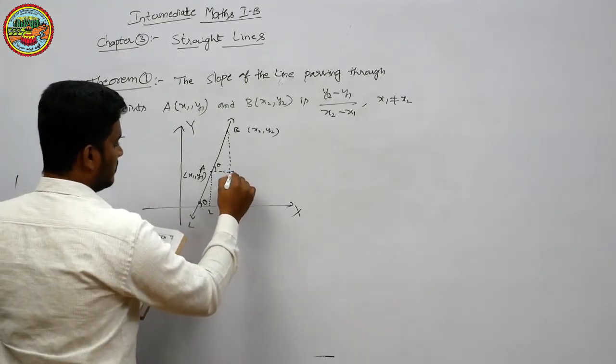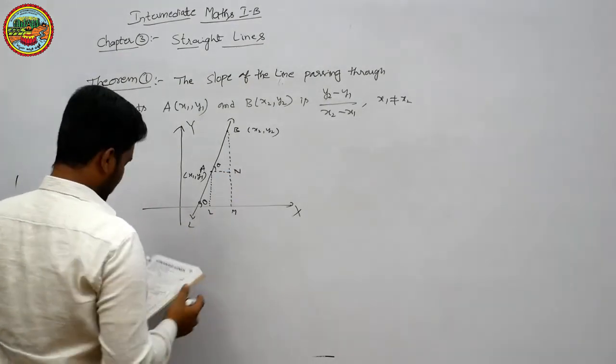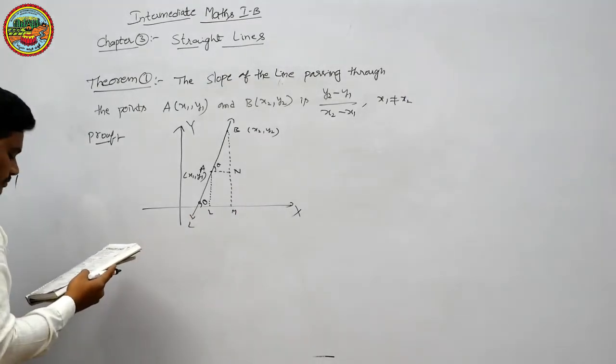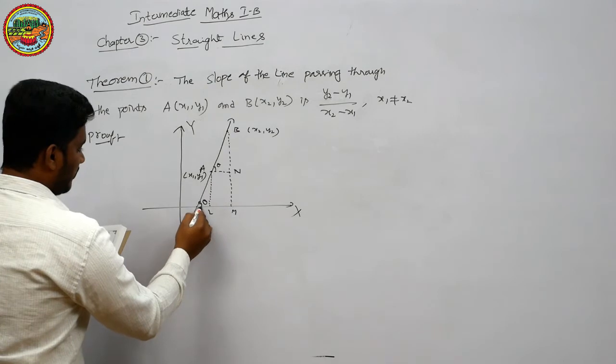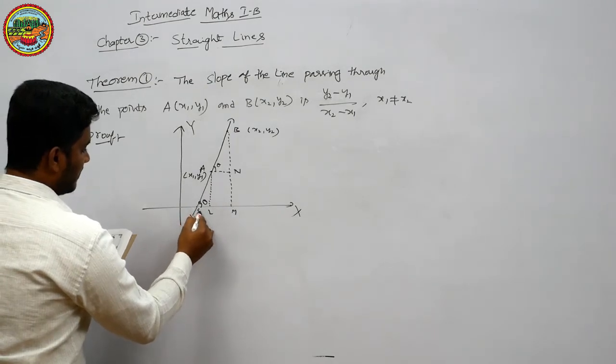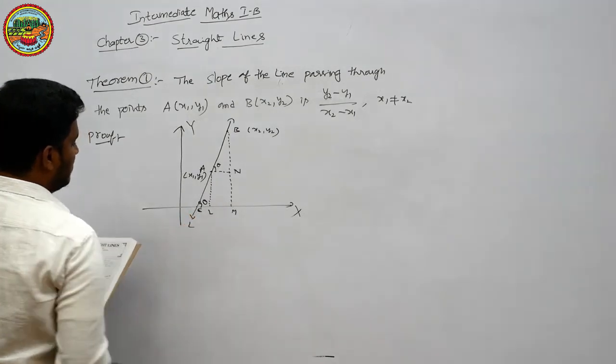This is N, and this is the point where the line meets the x-axis, which we call C.